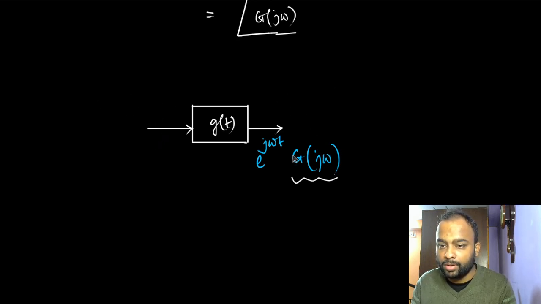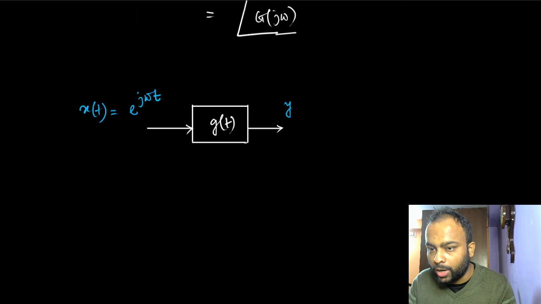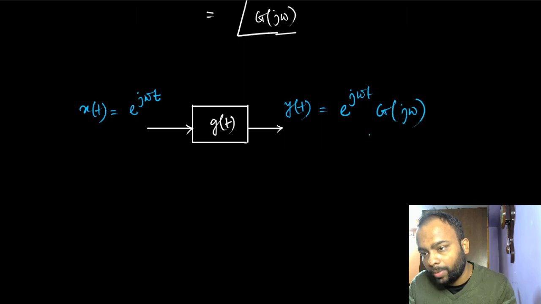If the input is a sinusoid represented like this, e to the power j omega t, then the output is also a sinusoid, and of course of the same frequency. That is why we have e to the power j omega t there, multiplied with G(j omega).